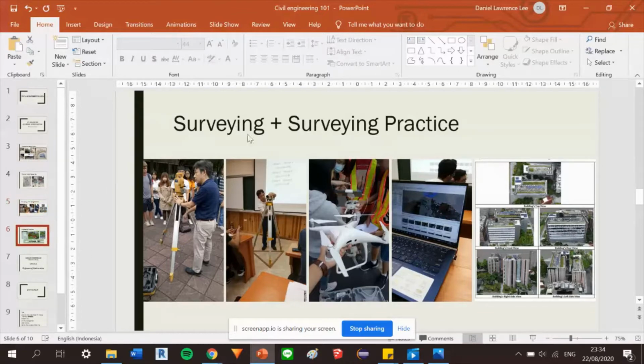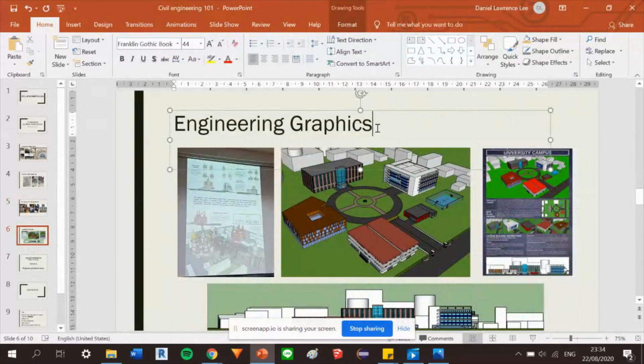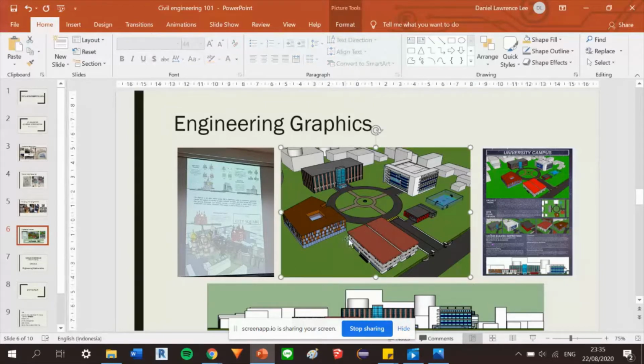And then the next one is Engineering Graphics. It's actually very important because as a civil engineer, you need to get used to using several applications that make your life easier. Basically, you'll use two applications. The first one is called AutoCAD, and the second one is SketchUp. It will make it a lot easier for you to design buildings and stuff like that.